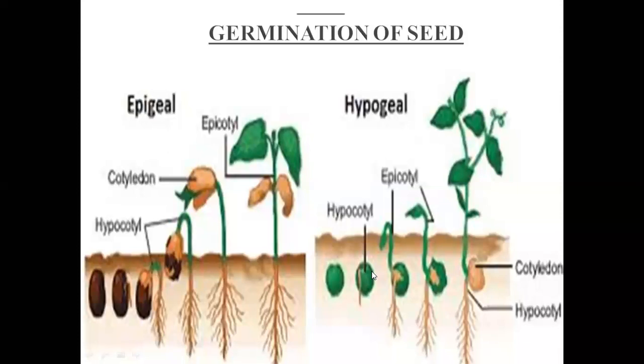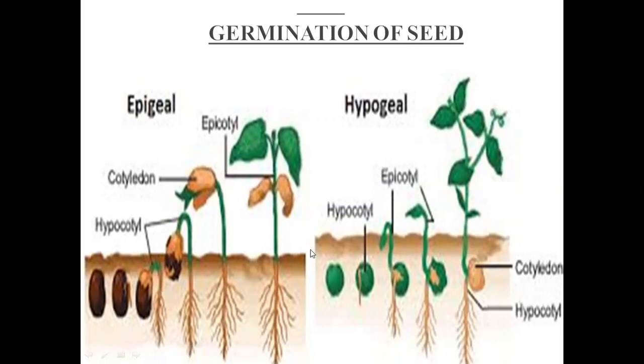This is the hypocotyl region, right, in the hypogeal germination. What happened here? In hypogeal germination, the epicotyl elongates.